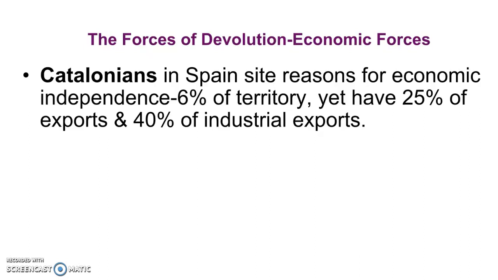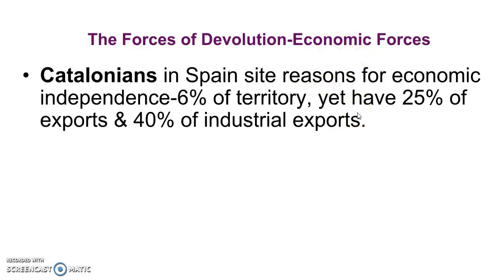Alrighty, so economic forces, Catalonians, right back to it. The people of Catalonia want independence for the simple fact that they create a lot of the economic opportunities in Spain, and they have 25% of exports and 40% of industrial exports. So they are really putting Spain on its back and carrying it with their really strong economy, and that's why they want that independence.